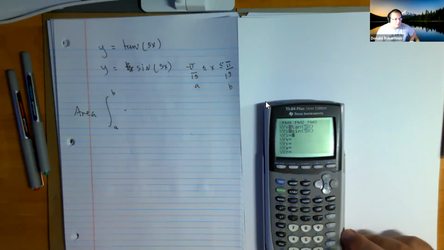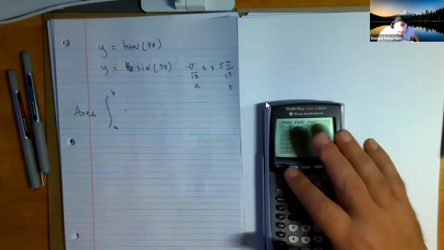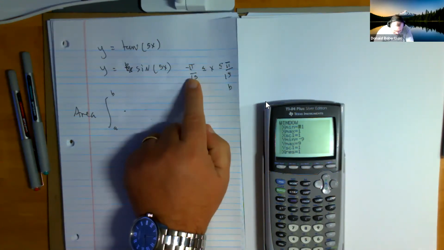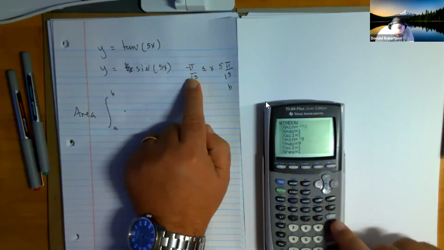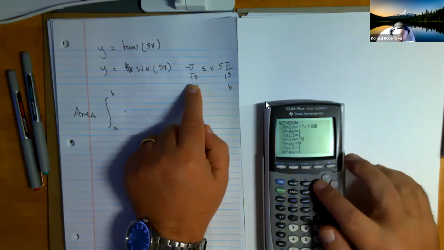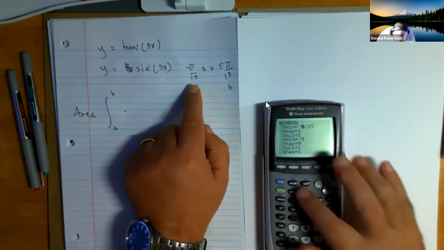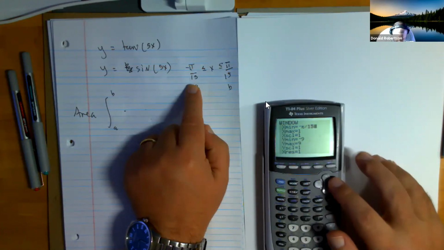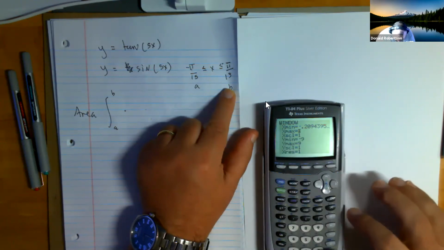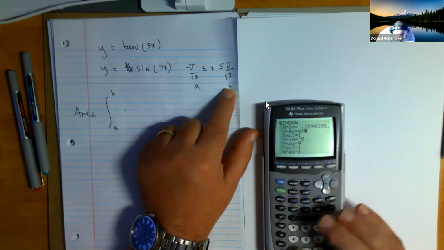So far, so good. Then I am going to do a window. And I know from here that it's negative pi divided by 15, and it goes to positive pi divided by 15.